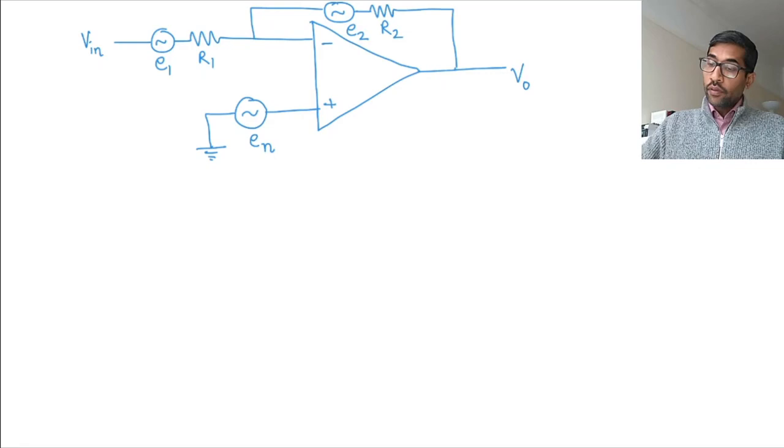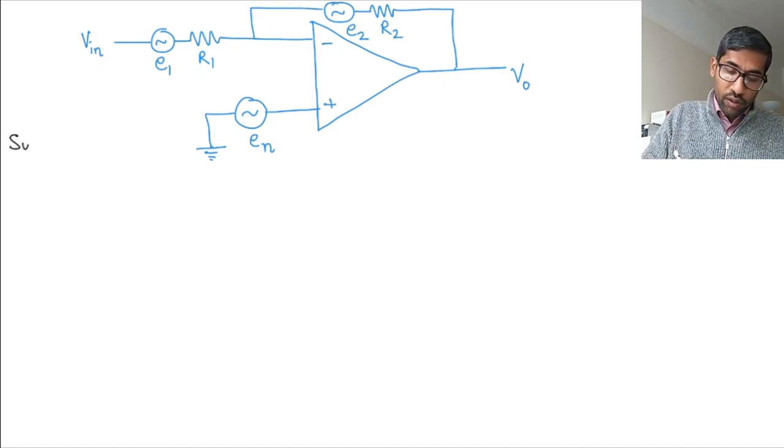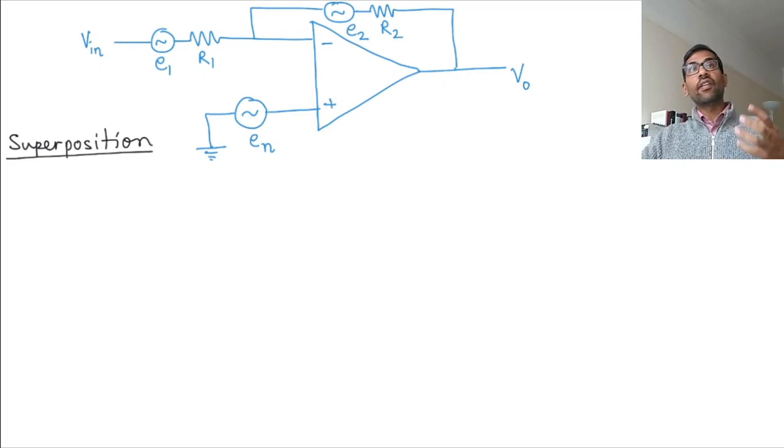One of the easiest ways of looking at problems like this is to use what we've talked about before in the previous courses, something called superposition. Remember that? What is superposition? It refers to how many sources there are in this particular circuit.